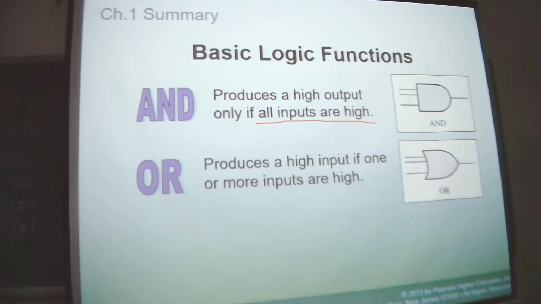And the OR gate produces a high output if one or more inputs are high.